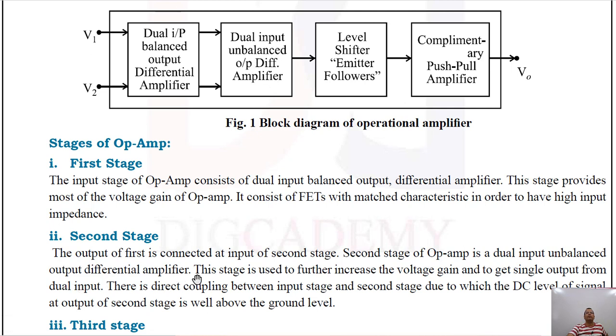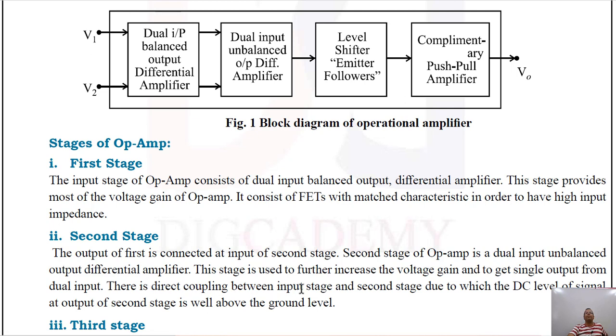So come back to this point. This stage is used to further increase the voltage gain. I repeat, most of the gain is provided by the first stage, but the second stage is basically used to further increase the voltage gain and to get the single output from the dual input. So it increases the voltage gain and we get an unbalanced output from the dual input.